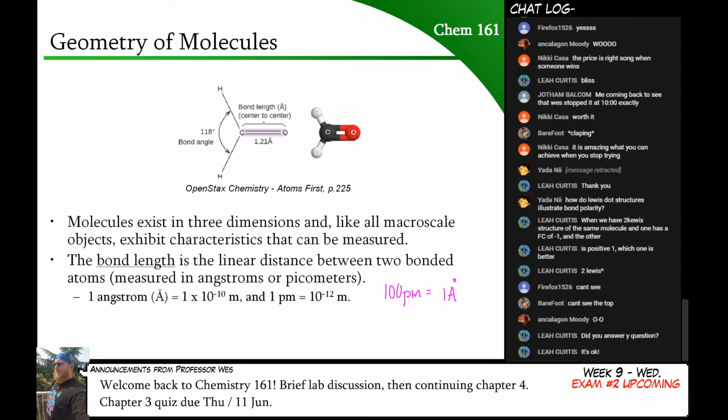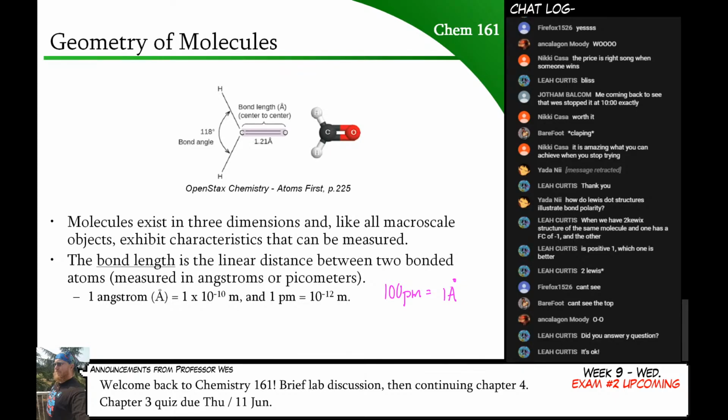We can conceptualize a meter. The conversion that I have memorized is just that there are 100 picometers in an angstrom. So when you look at bond lengths, you're going to look at numbers that are roughly on the order of 100 or so picometers. For angstroms, it's going to be roughly on the order of 1 to 2 angstroms.